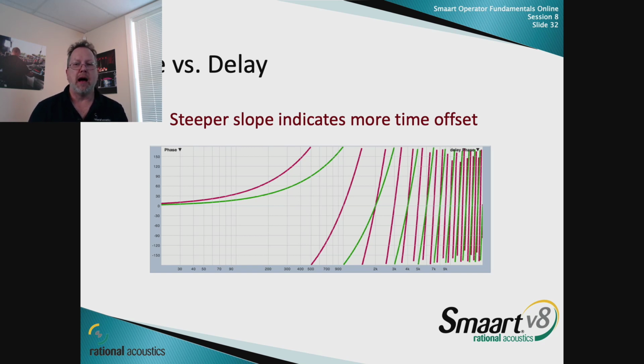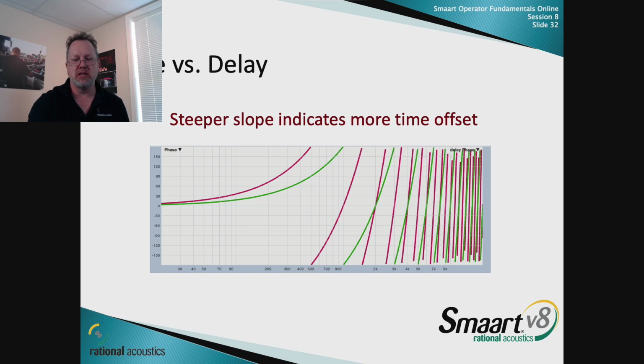But basically, I take my green measurement and my red measurement, which system's energy is arriving first? Well, if I walk myself through this, red is going up angle, so it's leading. Green is going up angle, it's leading. Who's leading more? Red is steeper, so red's leading more, so red is arriving first. So if I'm going to time red to green, unless I have a magic undelayinator and I can take delay out, what we're going to have to do is add signal delay to the red system to get it in time with the green system.